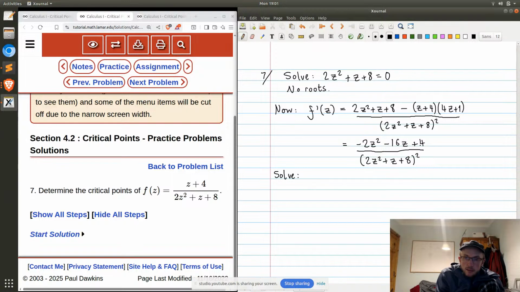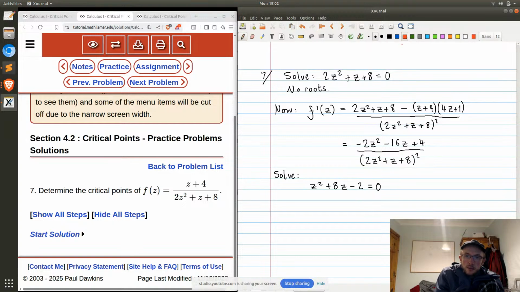So I could just set that equal to 0, which is exactly the same as halving everything and changing the signs. So z squared plus 8z plus 2 is equal to 0. Oh, minus 2, beg your pardon. And does this have roots?